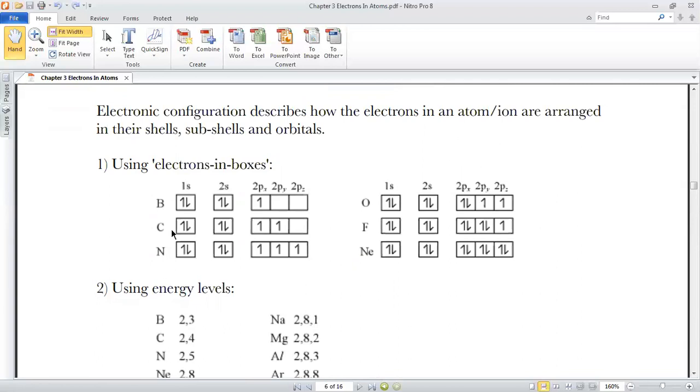But when we are writing it as electrons in boxes, the 1s box will have 2 electrons, the 2s box will have 2 electrons, and for 2p, we need to draw the whole 2p subshell with 2px, 2py, and 2pz, and we will put 1 electron in 2px only.